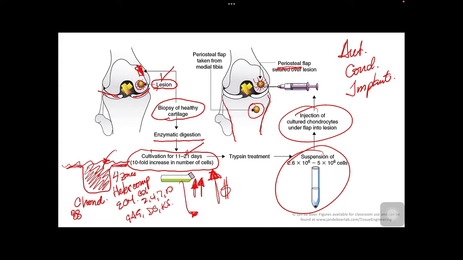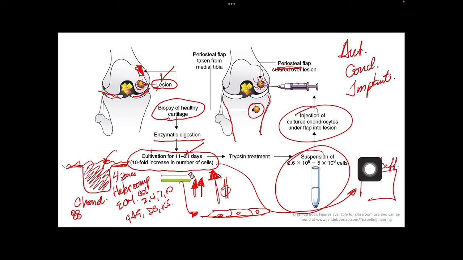Also, we've seen that if you expand chondrocytes on a flat plastic surface, the chondrocytes lose their differentiation, or they de-differentiate into something that is not chondrocytes. That's why you need to cultivate these cells probably in three-dimensional scaffolds, and hence that's why you need all these different types of fabrication techniques that you've seen in other chapters to create the right scaffold that can mimic the structure of real articular cartilage.